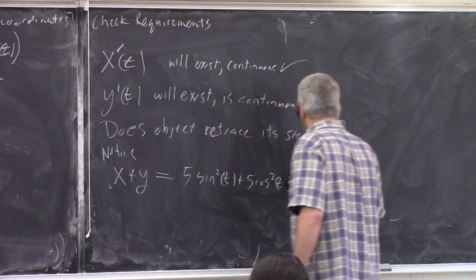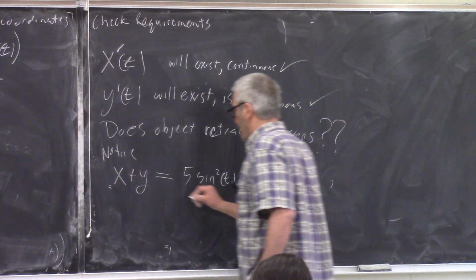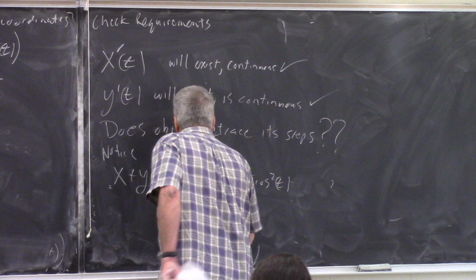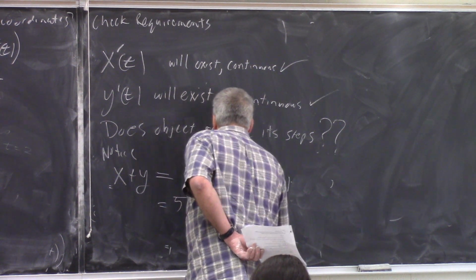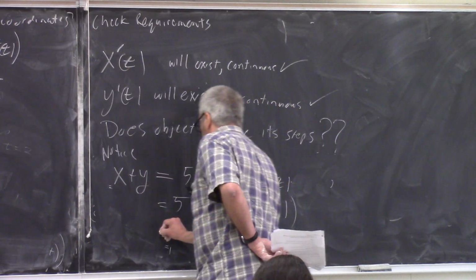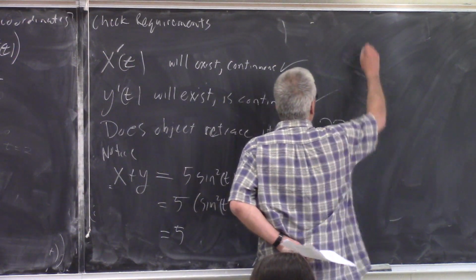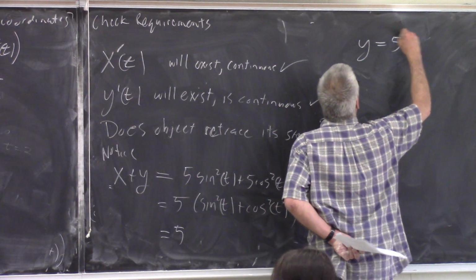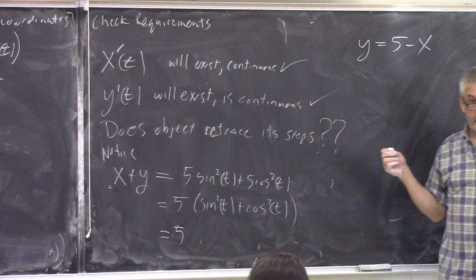So that's 5 times the quantity sine squared plus cos squared. So that's just the number 5. So x plus y equals 5, so we get y equals 5 minus x. So that's a Cartesian description of the curve.